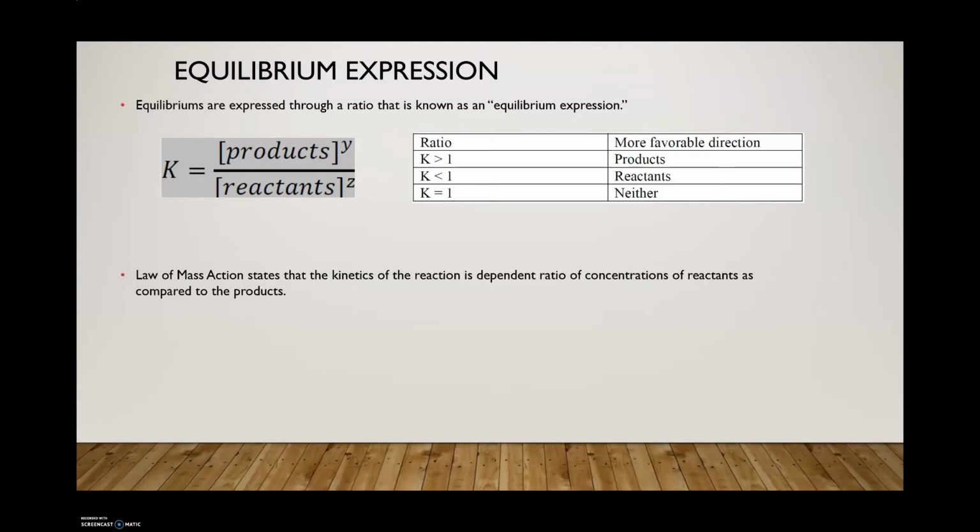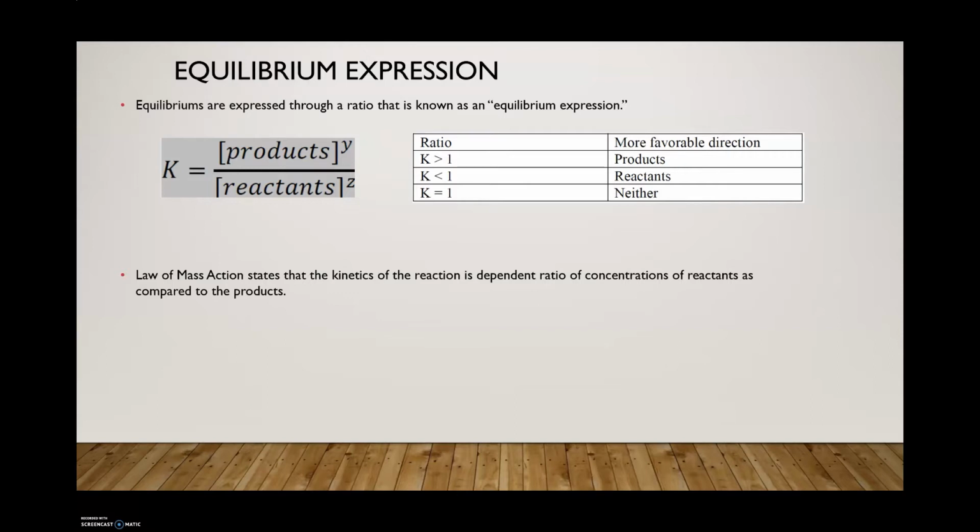This is one of the most important things to understand when we deal with equilibrium: you have to understand how to write the expression and what that expression represents. That expression represents a ratio between the products and reactants.